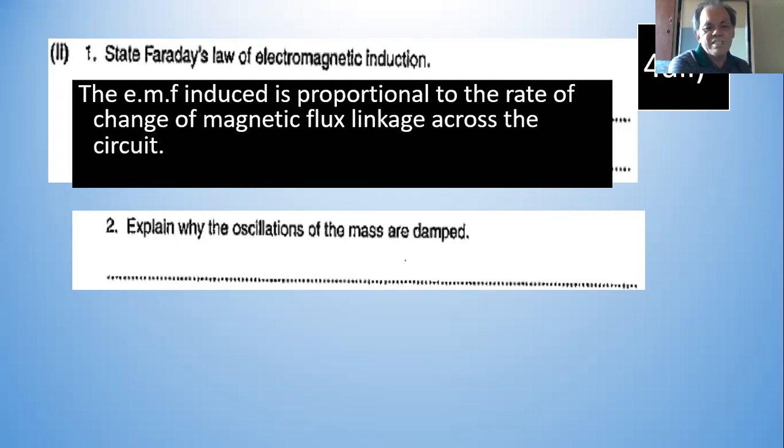Explain why the oscillation of the mass is damped. Anyone? Loss of energy, is it? Say again. The energy is lost to electrical energy. Step by step. Don't jump. There are so many marks there. You just get only 1 point.